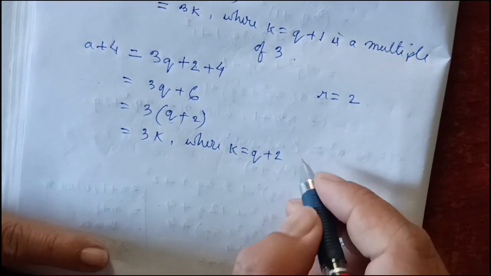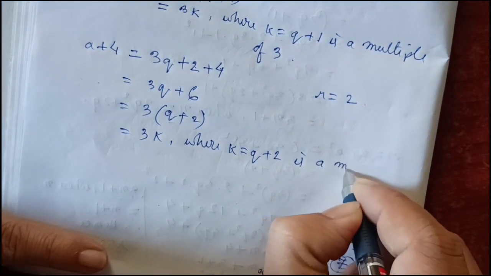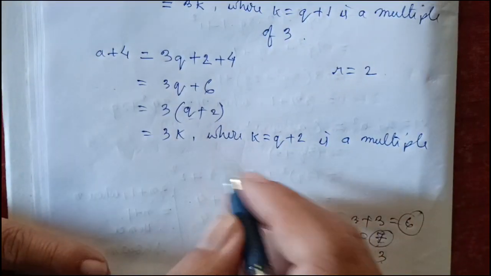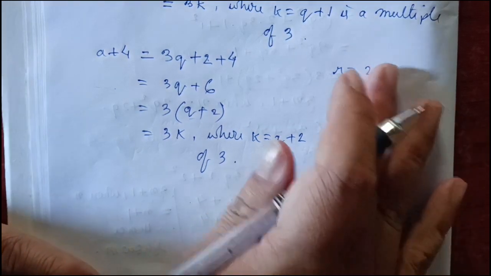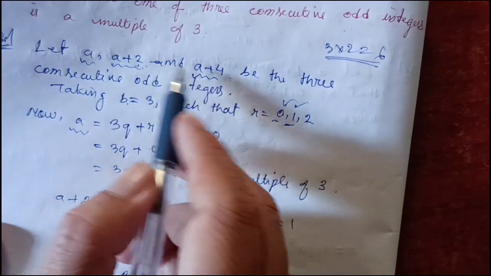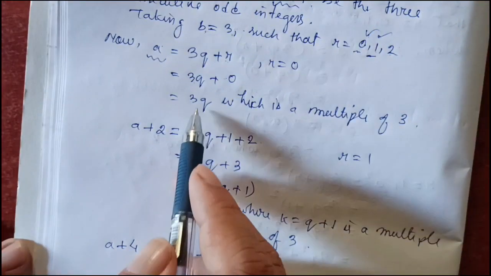You know that 3 is a multiple of 3 because 3 1 is 3. Alright, so all the 3 consecutive odd numbers are the multiples of 3, right?